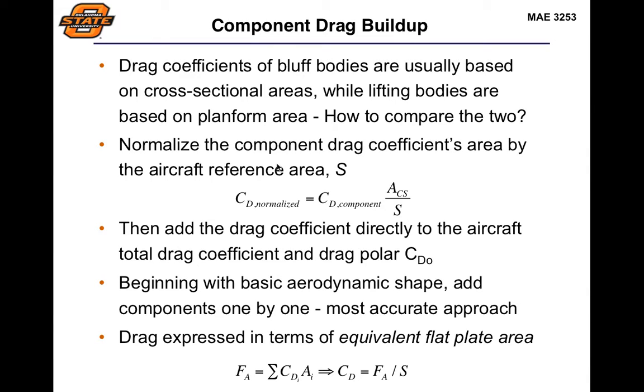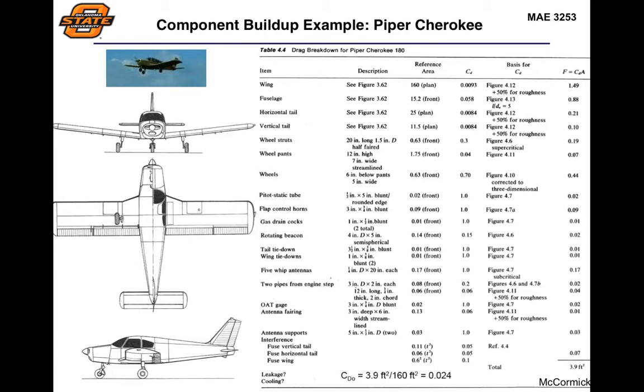That gives us a normalized value. Then we can build those up into CD components for every different component on the aircraft. This is the example we looked at, the Piper Cherokee.